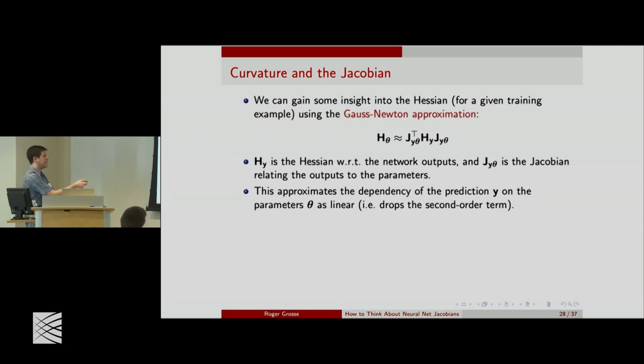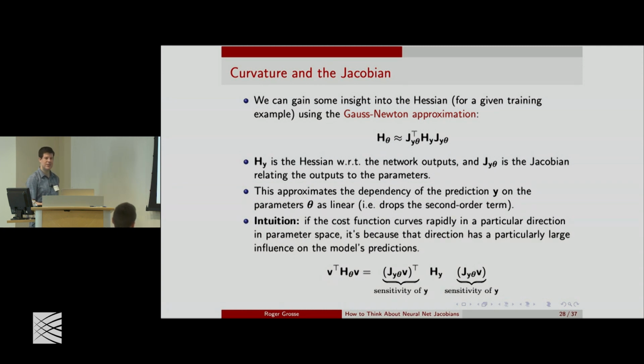This is basically approximating the network's computation as linear, so it's a linearized approximation to the network. This is regarded as a fairly good approximation in deep learning. If you're applying second order optimization to a neural net, you're probably using this approximation to the Hessian. So we're ignoring the second derivatives of the network function itself.